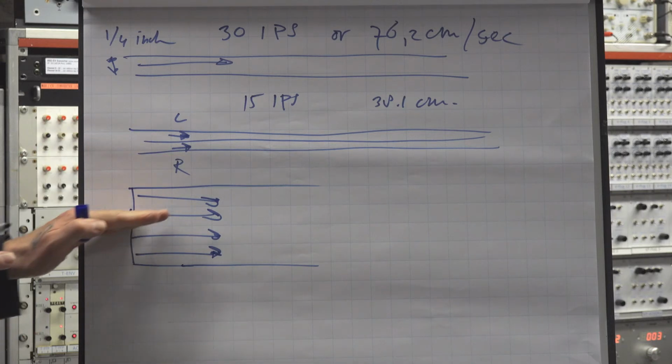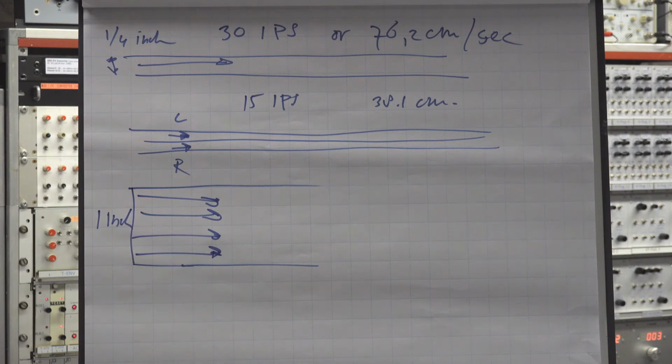Unfortunately, after that, the quality of magnetic tape recording went downhill. Not in the studios, not in the radio stations, but for tape machines that people could afford to buy at home.